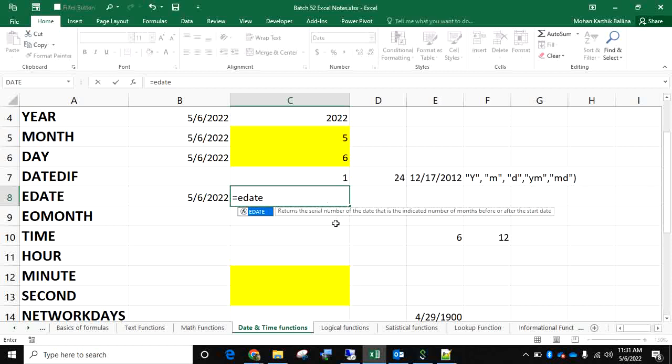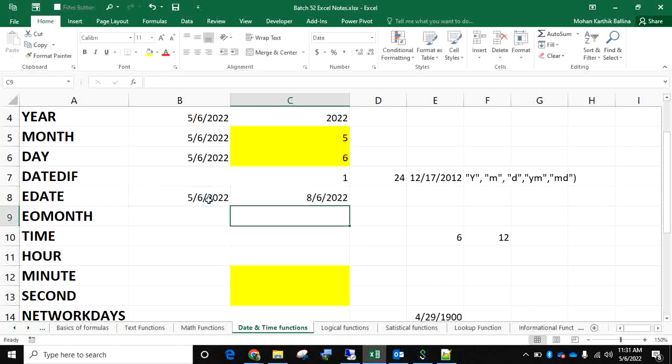See, it returns a date which is a number of months before or after the start date. For example, I started the work yesterday or today and it will take 3 months. What is your estimated date? So I will be completing this by August 6th. Understood? 3 months.